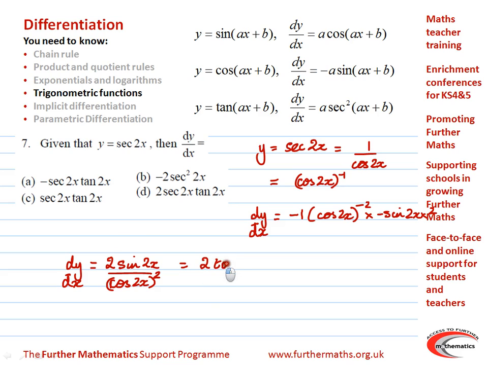I'm going to make that 2 tan 2x, and then we've got a remaining cos 2x in the denominator. I'm just going to write that as sec 2x in the numerator, and I think that should then match up with answer D. That's our best answer. In this case, we've got the 2, we've got the tan 2x, and we've got the sec 2x.